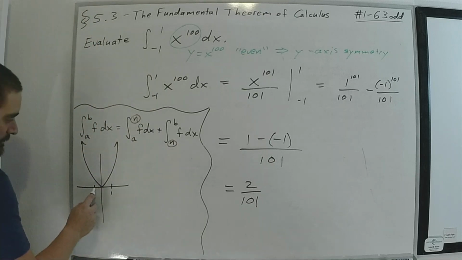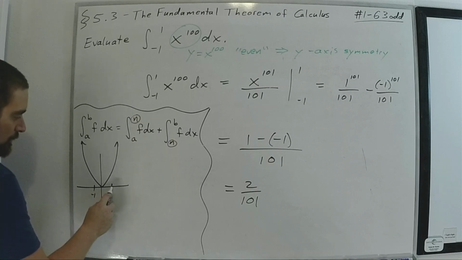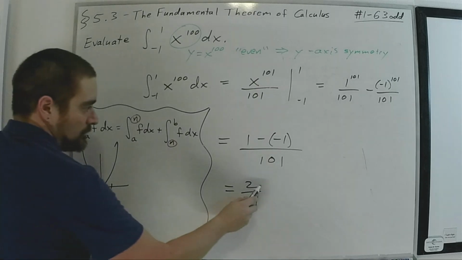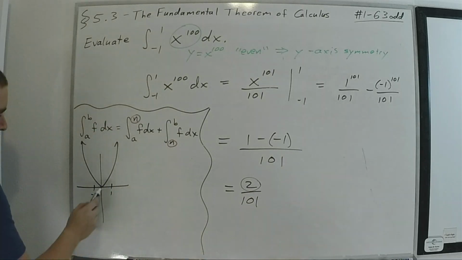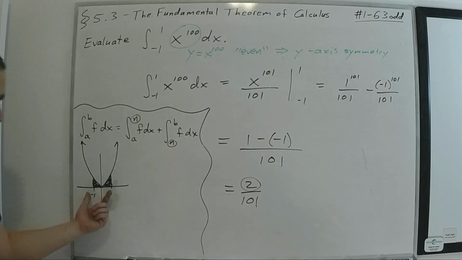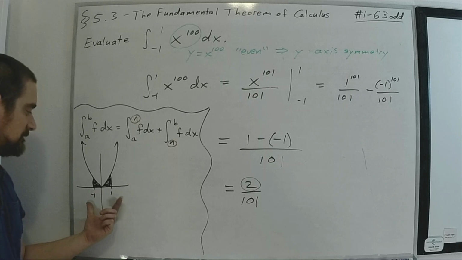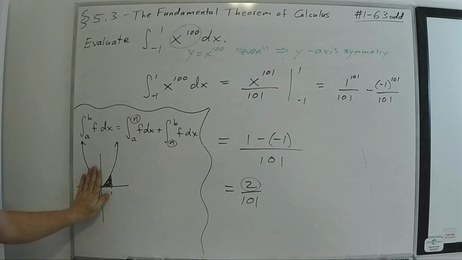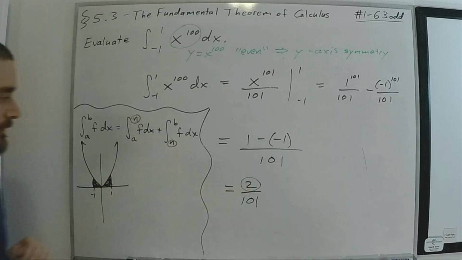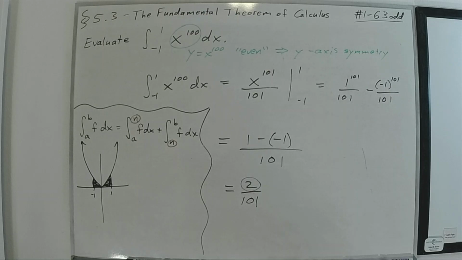Notice when I integrate from -1 to +1, I'm actually getting twice of this, and again, I'm relating it to area, but this is not talking about area. This is just the concept of the integral. But we'll be able to use this nice even feature to say that will give me 1 over 101, that will give me 1 over 101, and then I combine them to get 2 of those over 101.